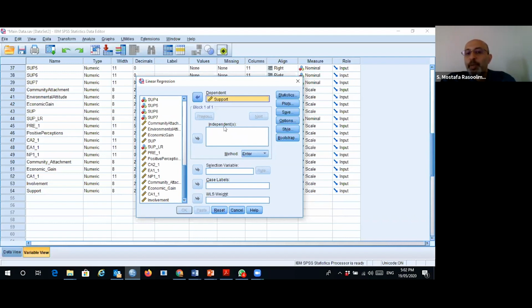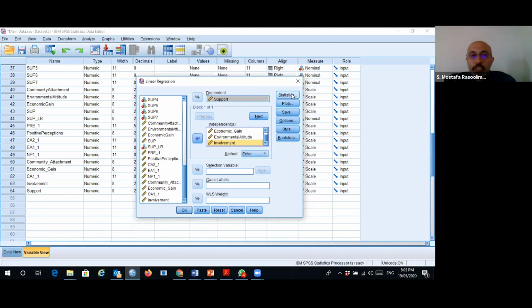And in the Independent box, the other window, we transfer community attachment, economic gain, environmental attitude, and involvement. So we have 4 independent variables and 1 DV, right?